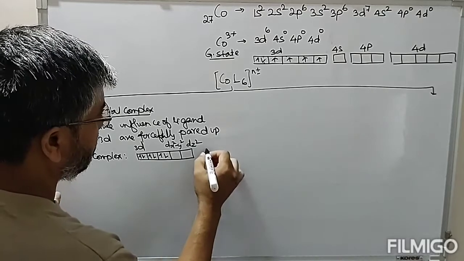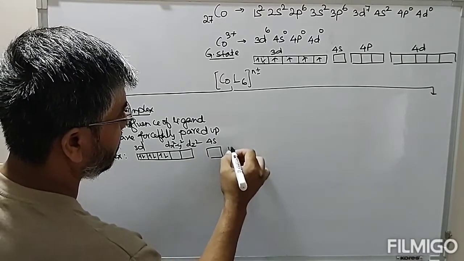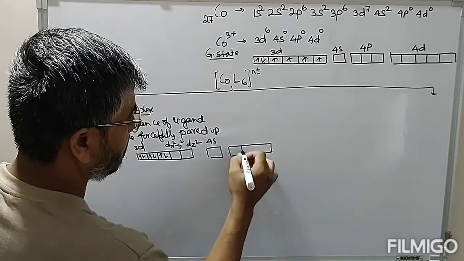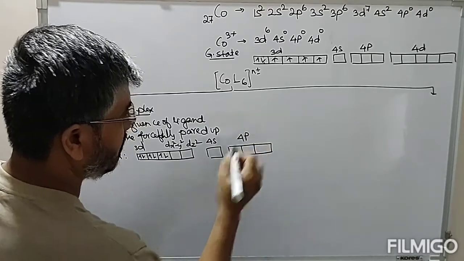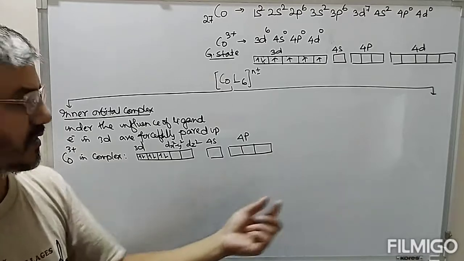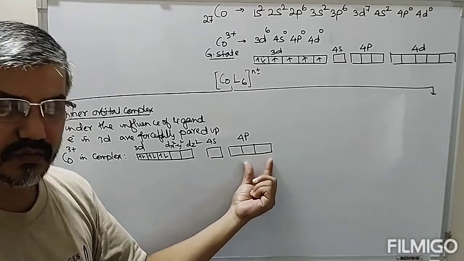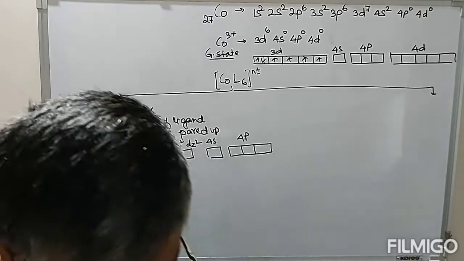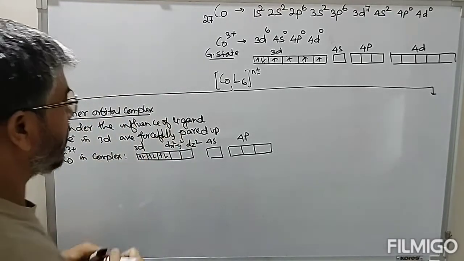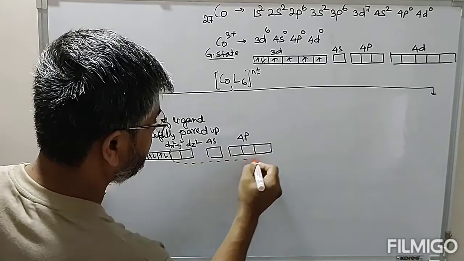Then we have 4s, then we have 4p. So now we have 6 orbitals: 2 d orbitals, 1 s orbital, and 3 p orbitals available. Now these 6 orbitals undergo intermixing, that is what we call hybridization.